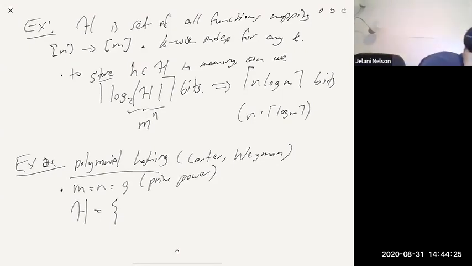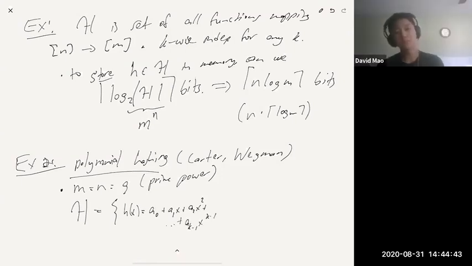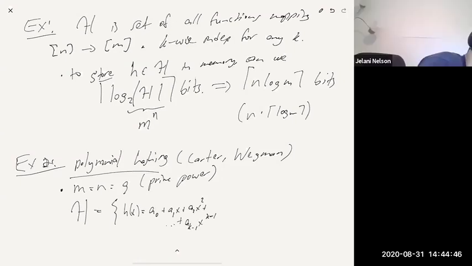So this is basically h of x equals a0 plus a1 x plus a2 x squared plus ... plus a_{k-1} x^{k-1}, where a0 up to a_{k-1} are in the finite field F_q.